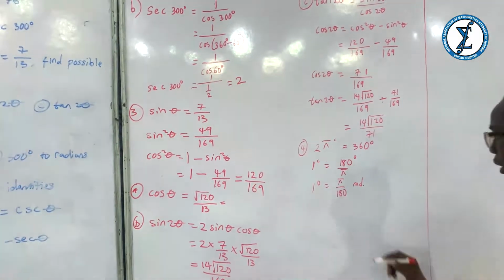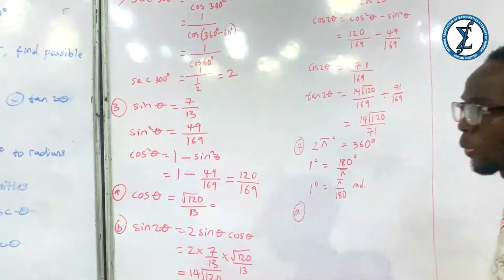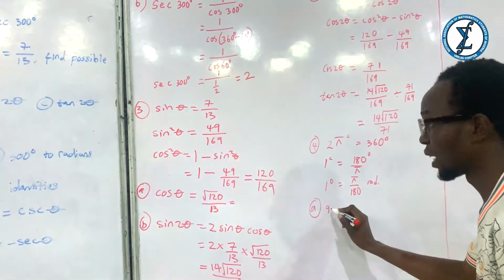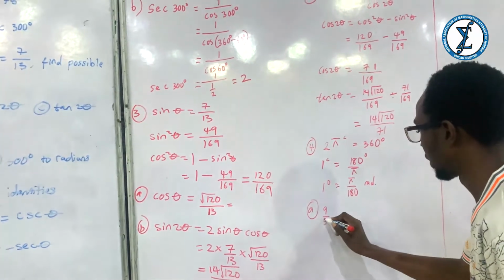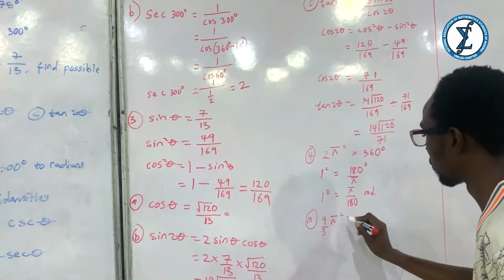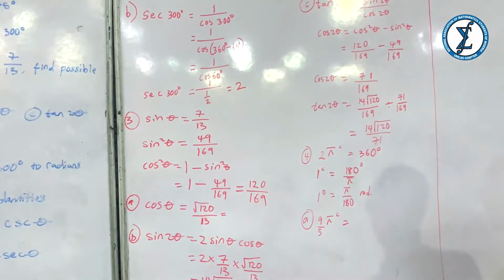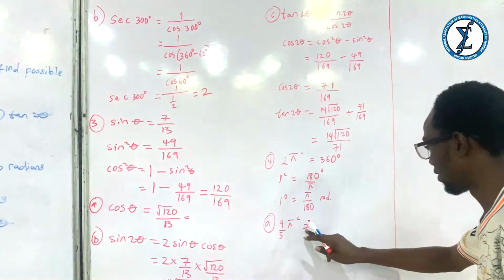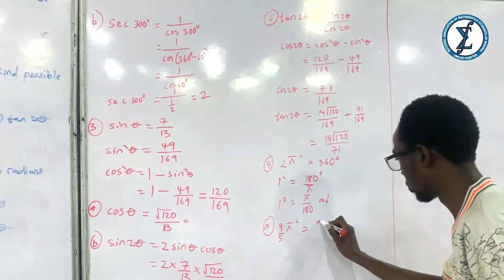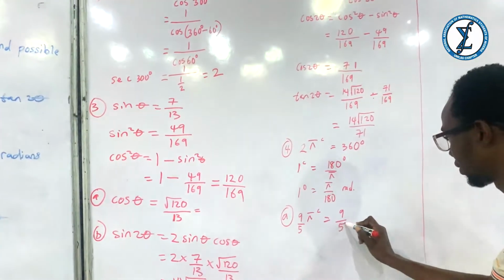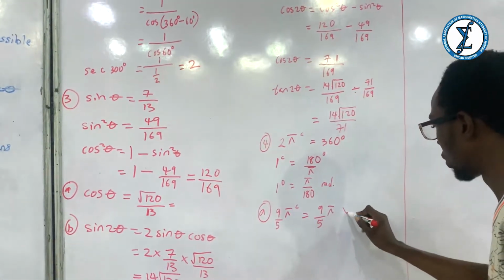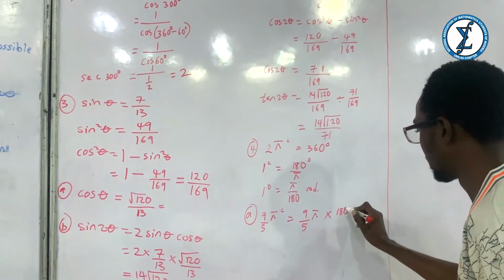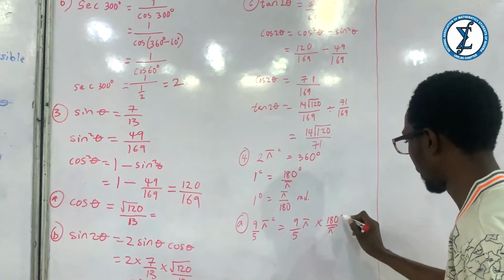And so A says we should convert 9 over 5 pi from radians to degrees. Now, if 1 radian is 180 over pi, then 9 over 5 pi radians should be equal to 9 over 5 pi multiplying 180 over pi.